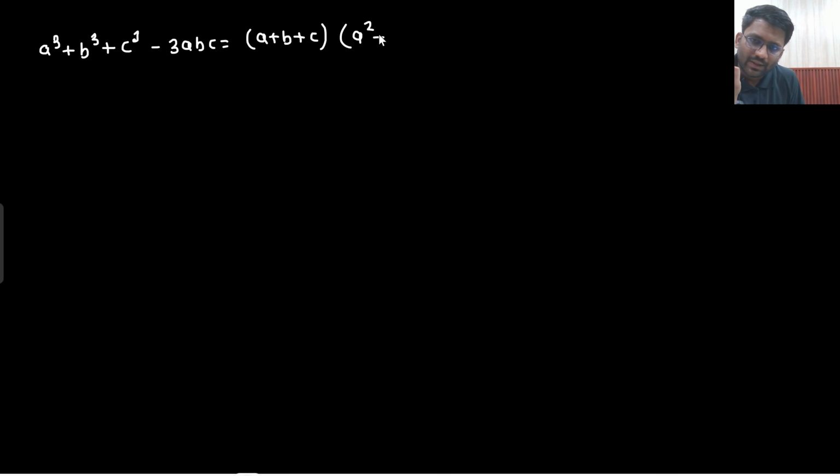So do you remember this formula? A cube plus b cube plus c cube minus 3abc equals a plus b plus c times a square plus b square plus c square minus ab minus bc minus ca. Right? Understandable?